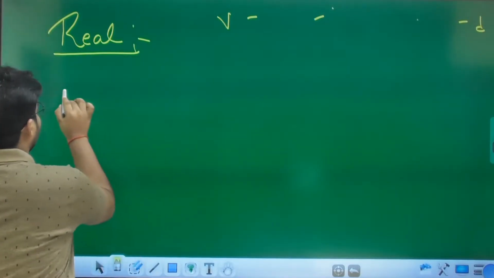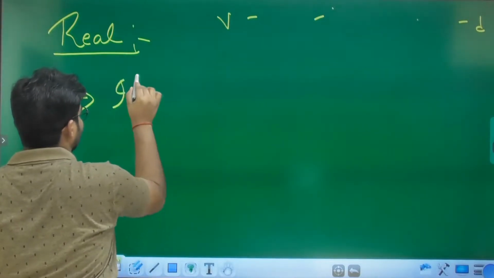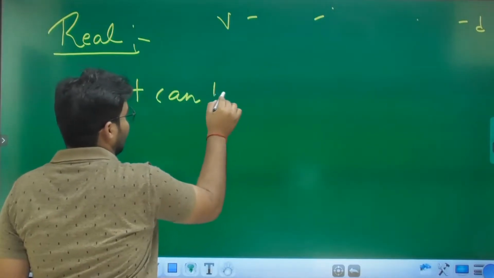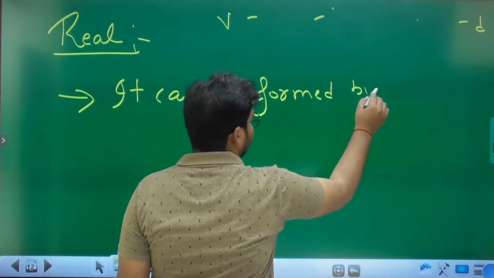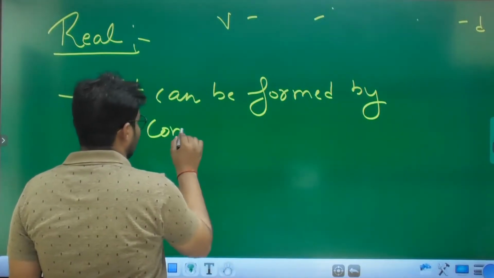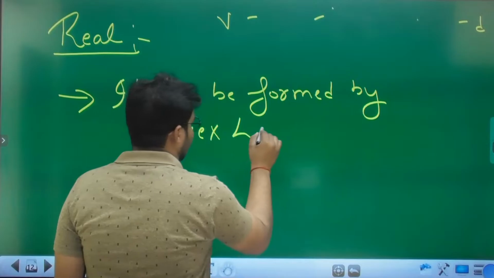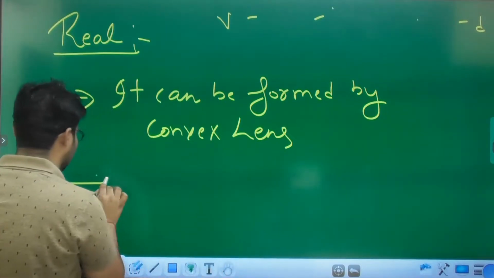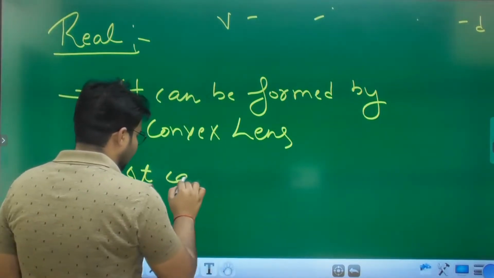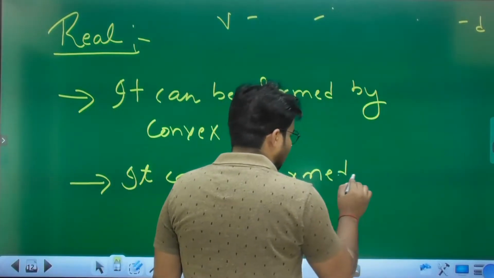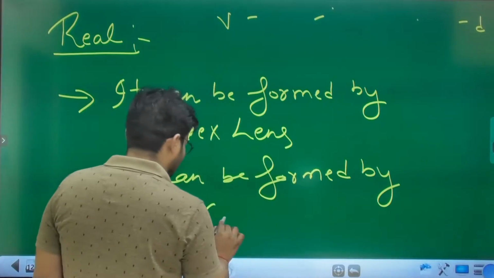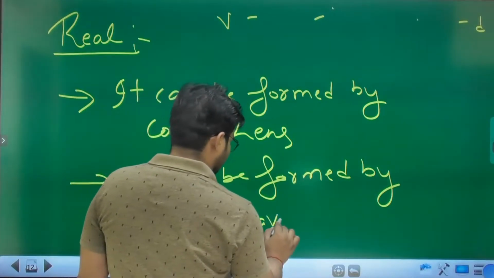It can be formed by a convex lens. Clear? And it can be formed by a concave mirror.